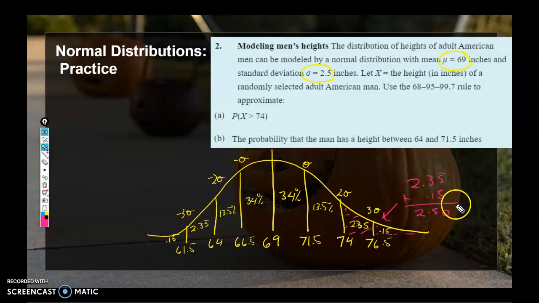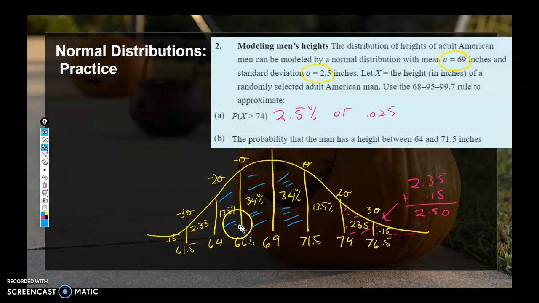Okay, so 2.5%. So the probability that a random data point is greater than 74 is 2.5% or 0.025.